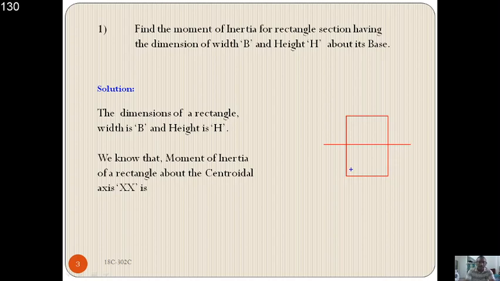So for the base, we need to draw an axis about the base. This would be the base axis.